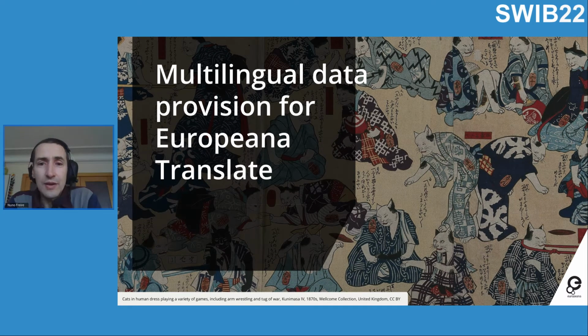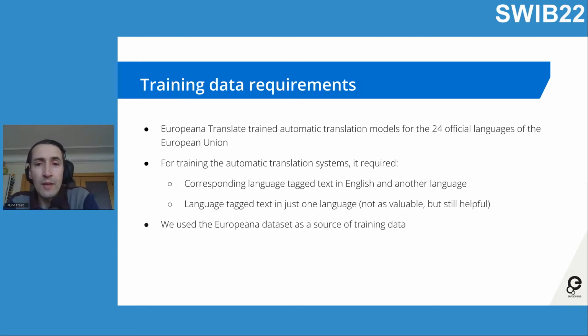So regarding our work in providing data for Europeana Translate, the training data requirements for the project: Europeana Translate trains models for the 24 official languages of the European Union.